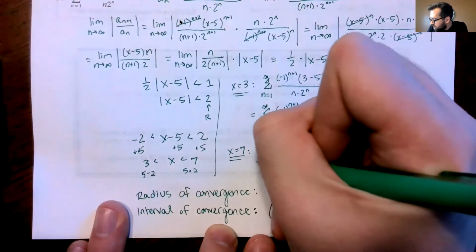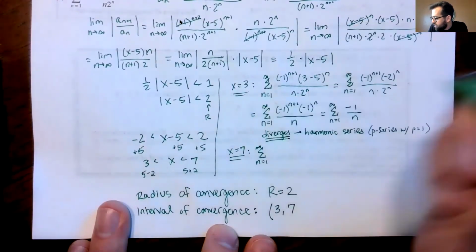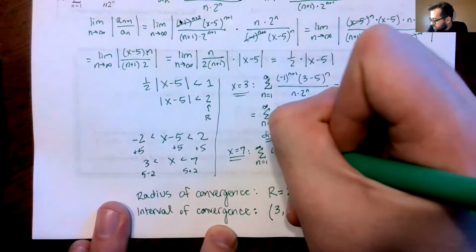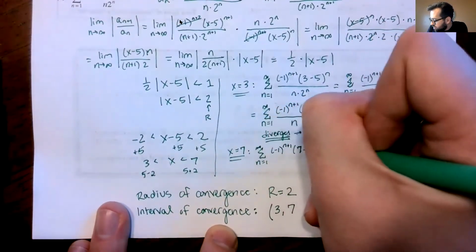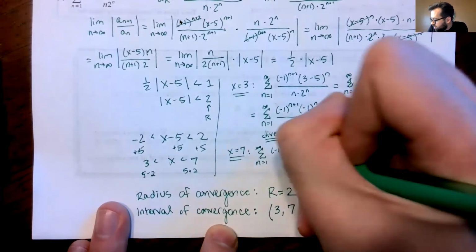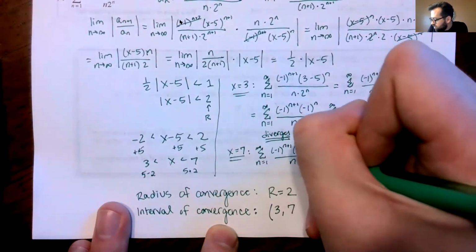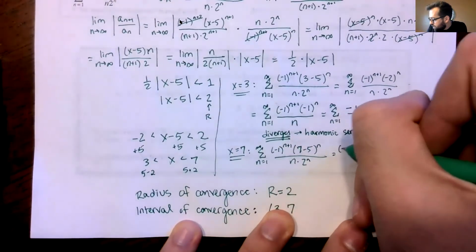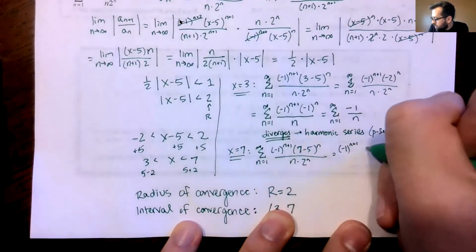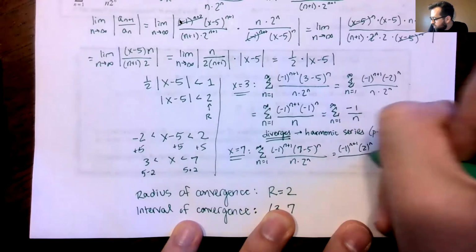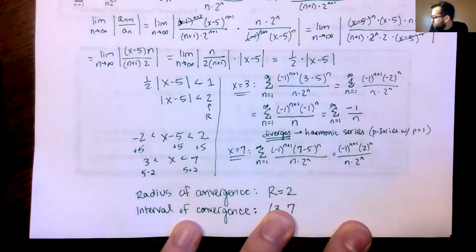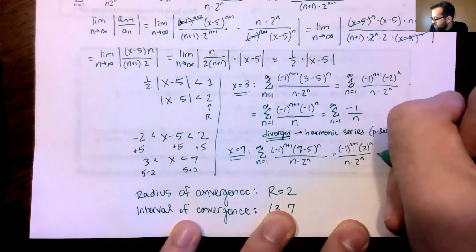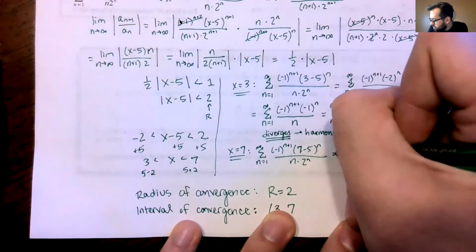So now we're going to go back to the original series again, and this time plug in 7 for x. So we have (-1)^(n+1) times 2^n over n times 2^n. The 2^n's just cancel out this time and leave us with, oh my gosh, I forgot my summation symbol.